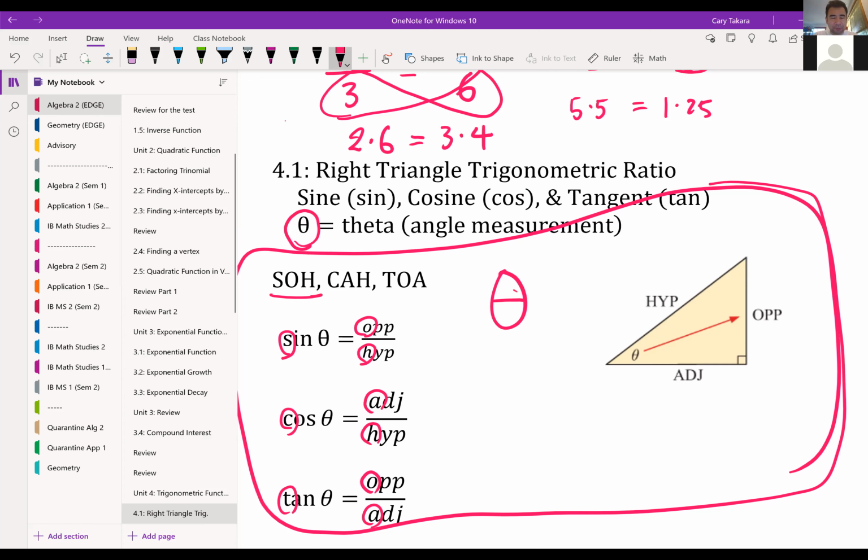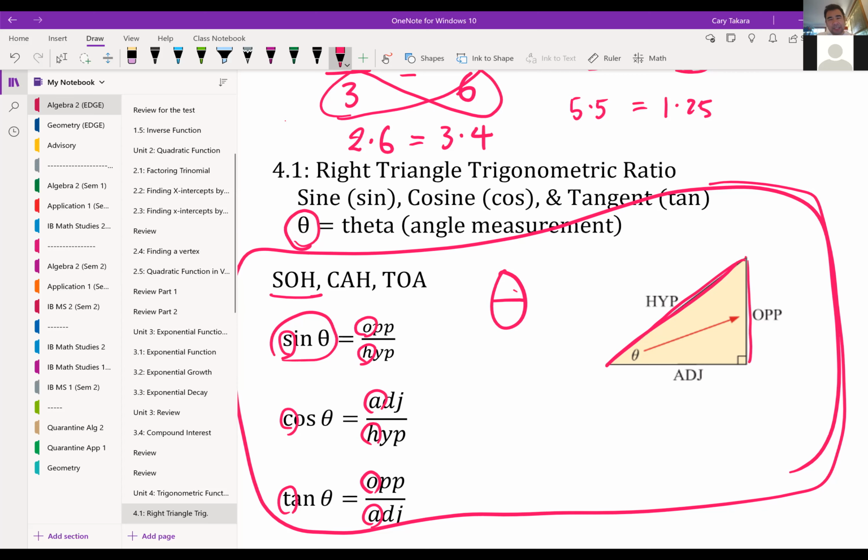It's an angle measurement. Theta is used as the placeholder for angle measurement. So sine of theta means sine of a certain angle measurement equals opposite over hypotenuse. In other words, the sine function is defined as the ratio of opposite over hypotenuse.